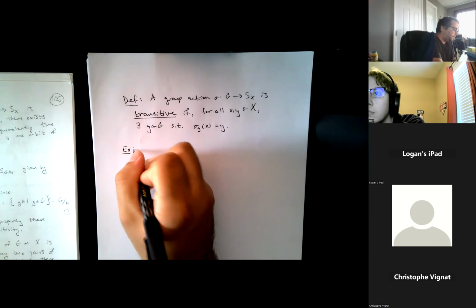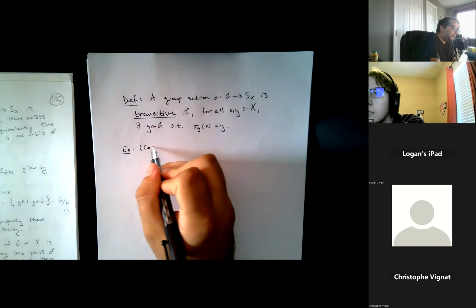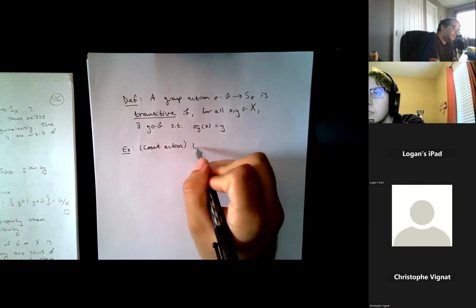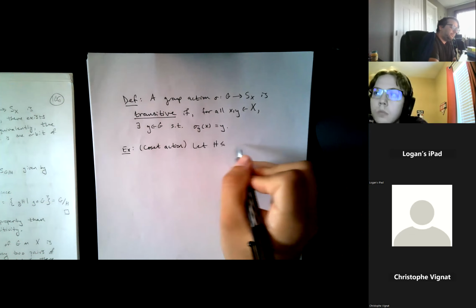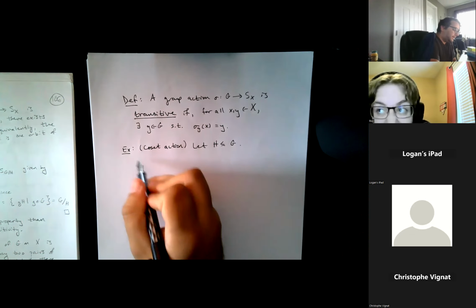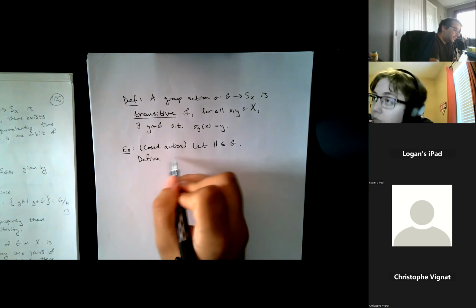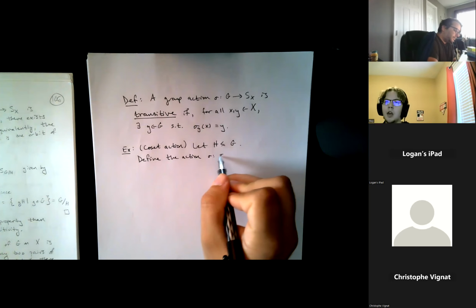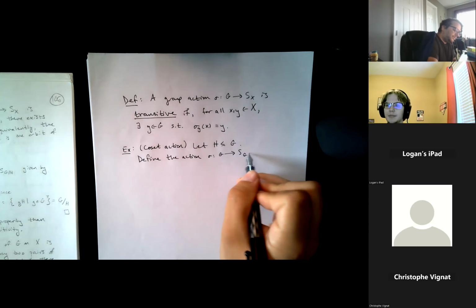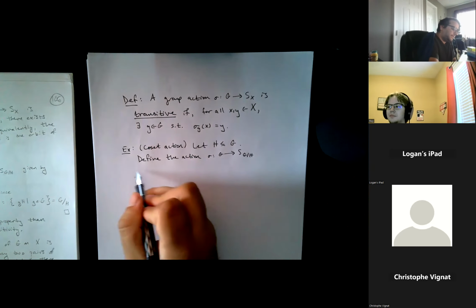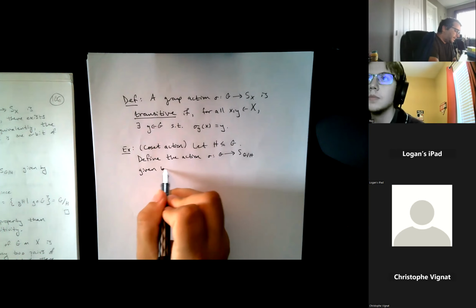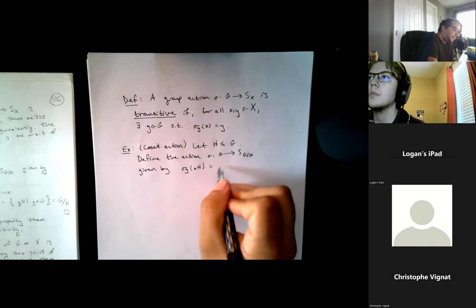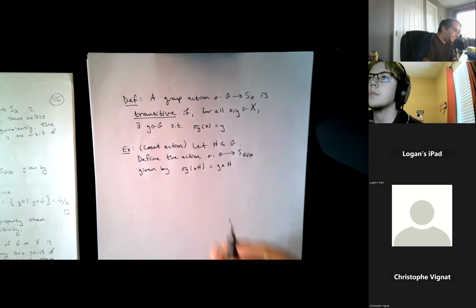Here's an example. This one's called the coset action. Let H be a subgroup of G, and define the action sigma from G to S of G mod H, given by sigma g of xH equals gxH.